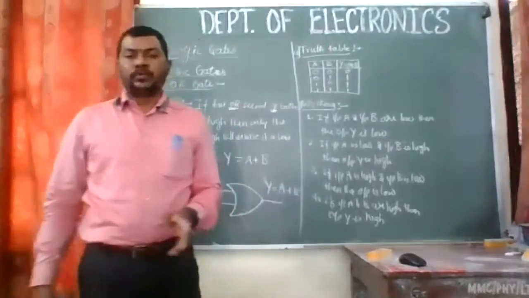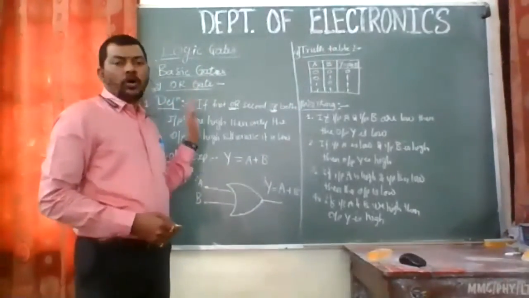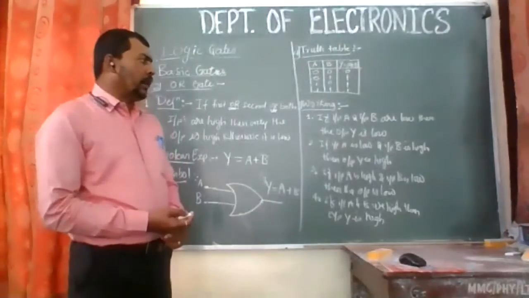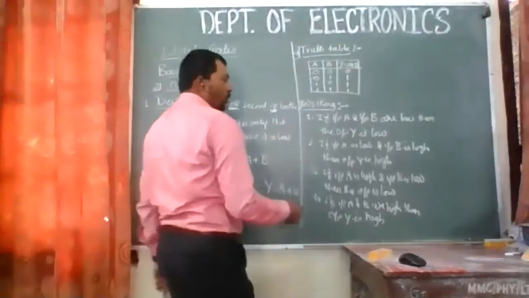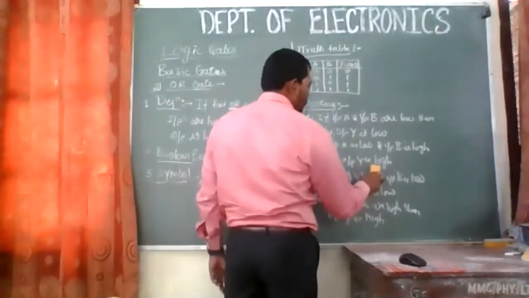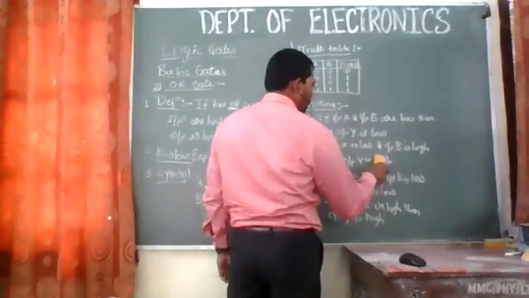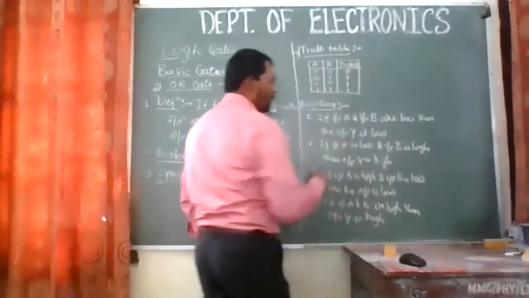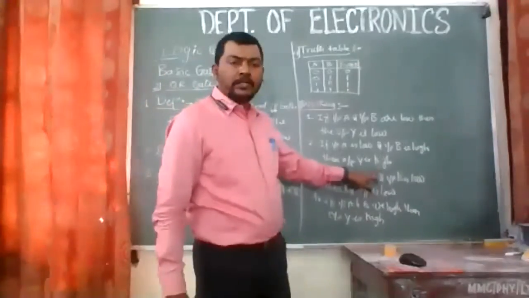The output is going to vary, so the output will be 0, 1, 1, 1 in the OR gate. While writing the working: if input A and input B are low, then the output is low. If input A is low and input B is high, then the output Y is high.